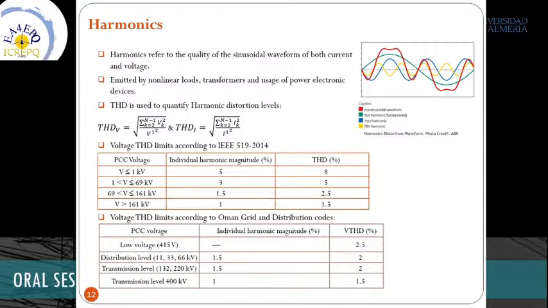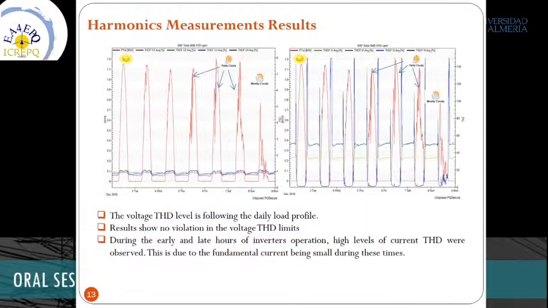The 5% voltage total harmonic distortion limit is according to IEEE 519/2014, while 2% for the distribution level is the limit of total harmonic distortion according to Oman Grid and Distribution Code. Harmonic measurement results conclude that the voltage total harmonic distortion level is following the daily load profile. Result shows no violation in the voltage total harmonic distortion limit.